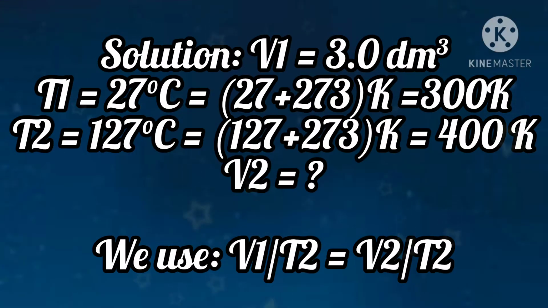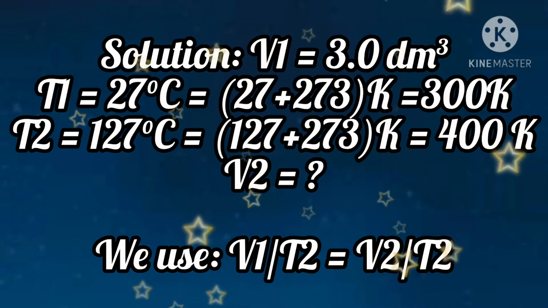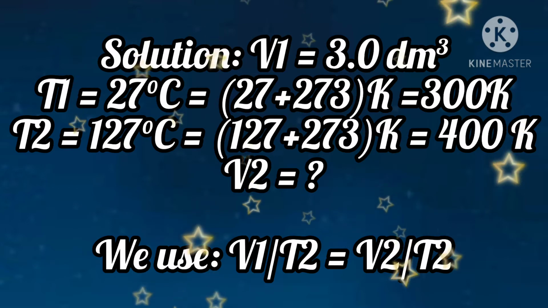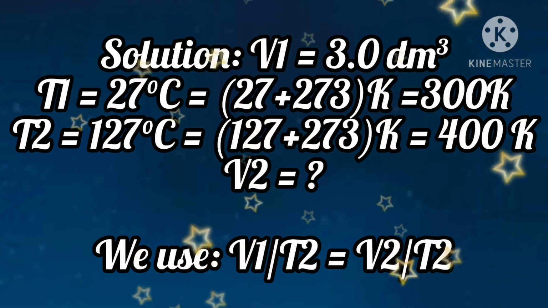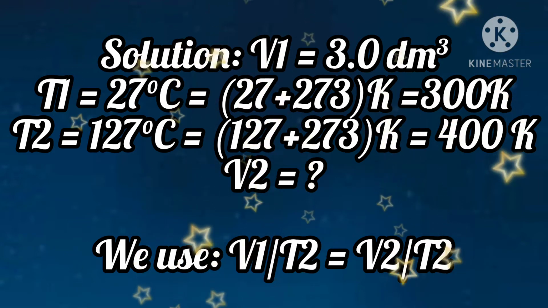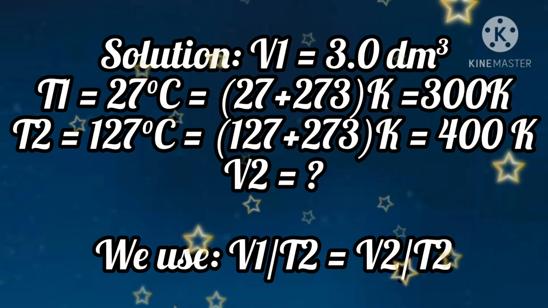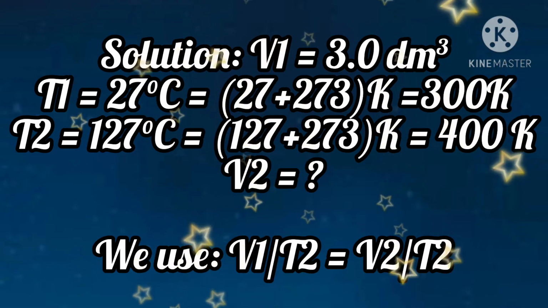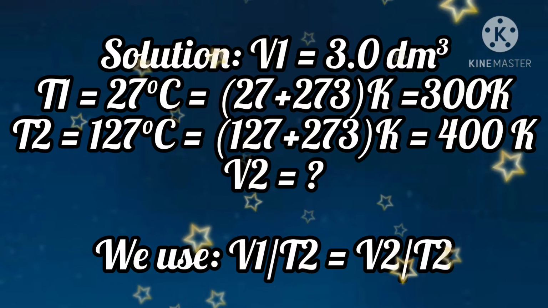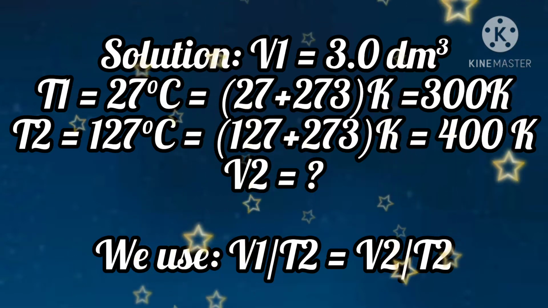So we see that we have the V1, that is the first volume, at 3.0 dm cube, and the first temperature is 27 degrees Celsius, and converting it to Kelvin, it gives us 300 Kelvin. The second temperature, being 127 degrees Celsius, is 400 Kelvin, and we are looking for the second volume.